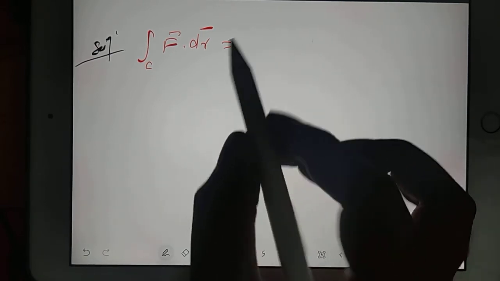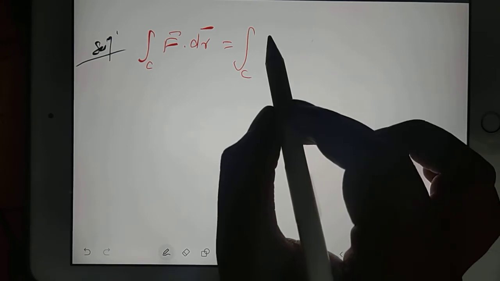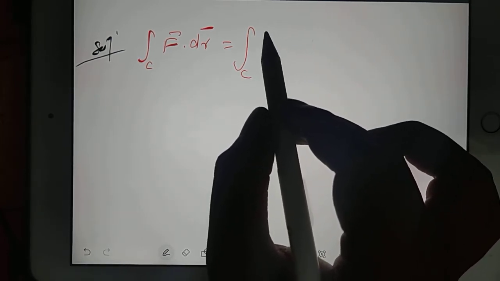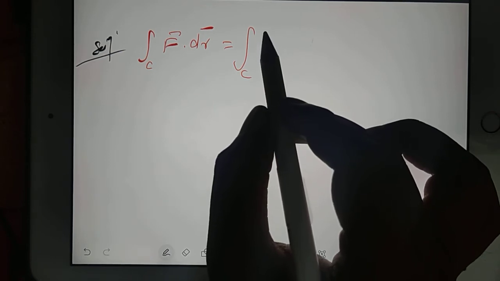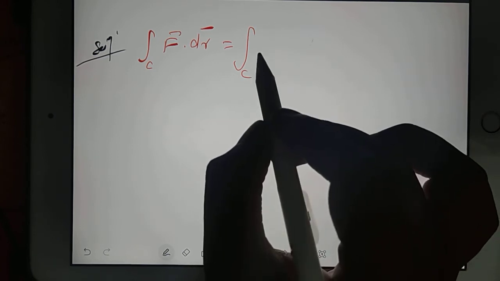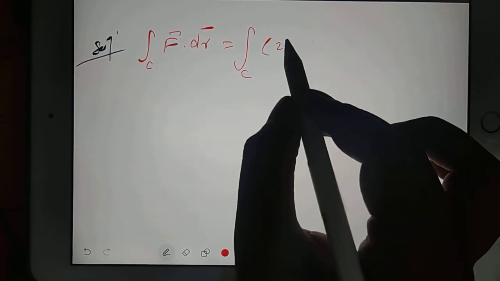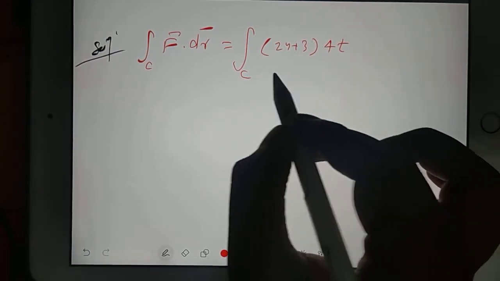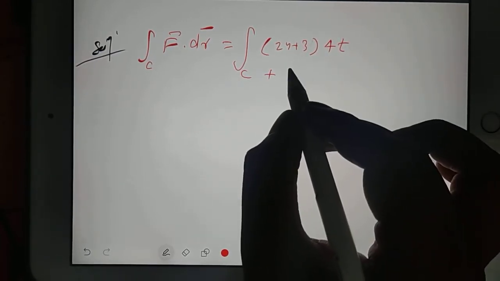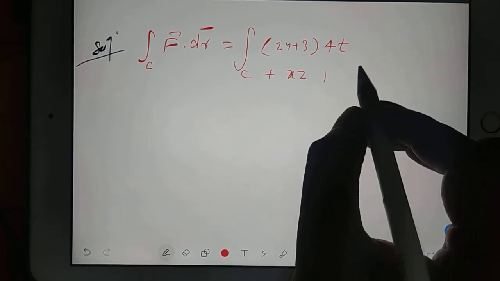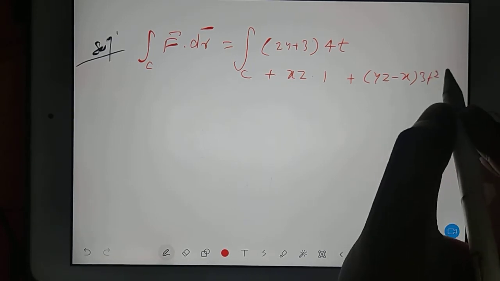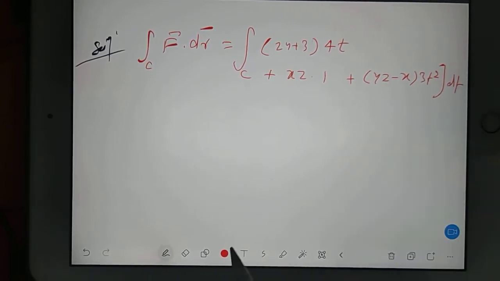Put the C value, and then your job is to substitute the entire f1, that is the given x: bracket 2y plus 3 times 4t, plus x z into t into 1, plus y z minus x times 3t squared, dt.